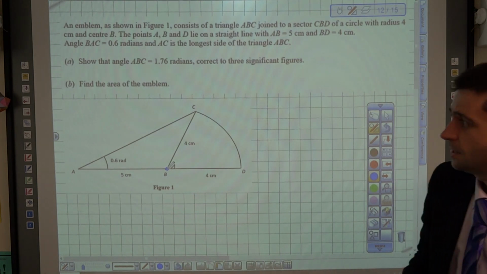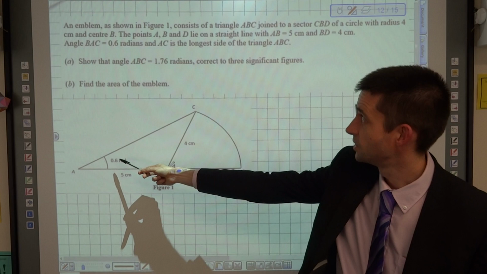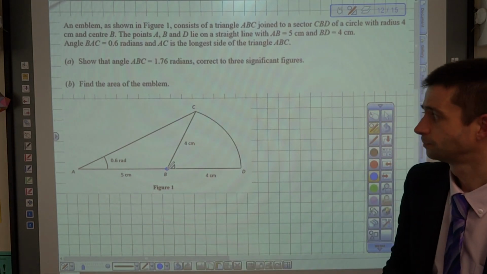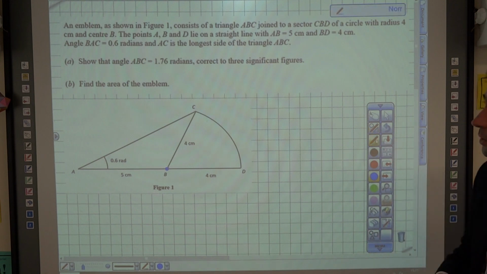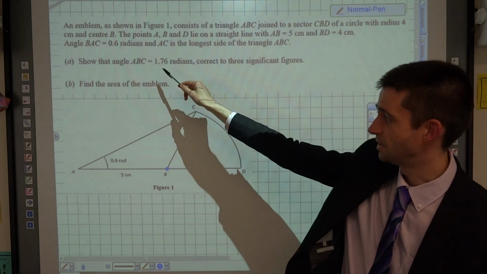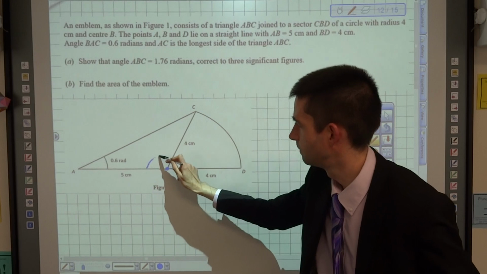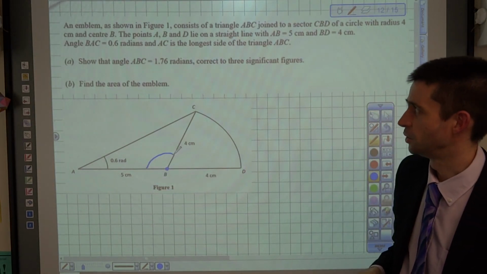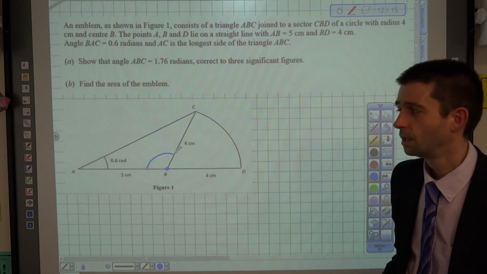Angle BAC is 0.6 radians and AC is the longest side of the triangle ABC. What we're being asked to do initially is to show that angle ABC, which is this one here, is 1.76 radians, correct to 3 significant figures.